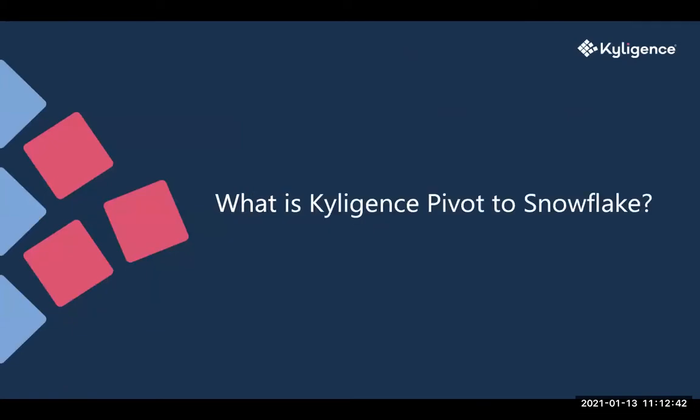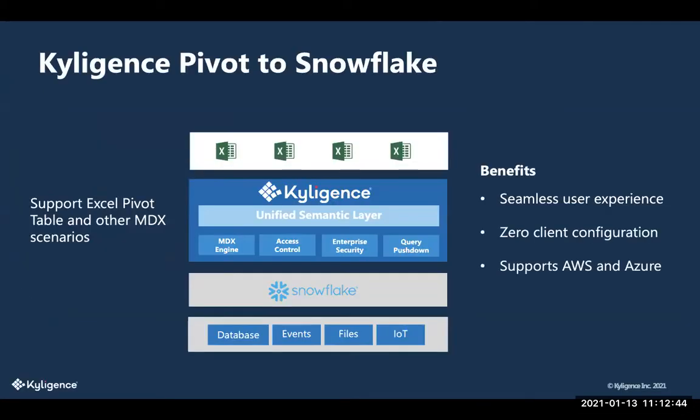What is Kyligence Pivot to Snowflake? Well, it's just as it sounds. It is basically support for pivot tables against Snowflake data. It is seamless and transparent to the user. There's no client, no Excel add-ons, nothing to install.